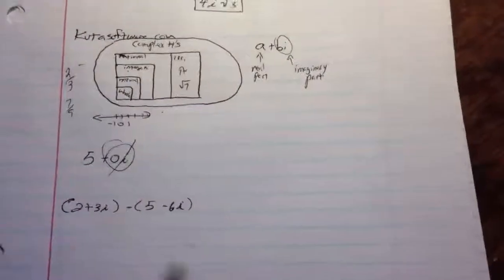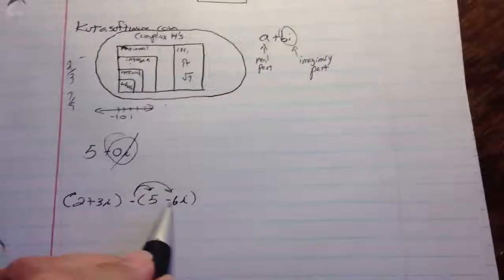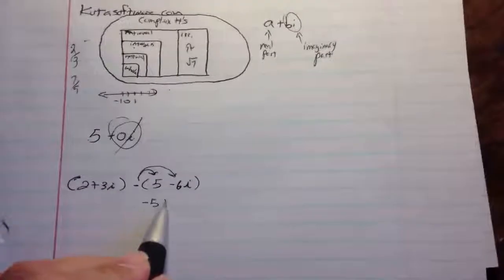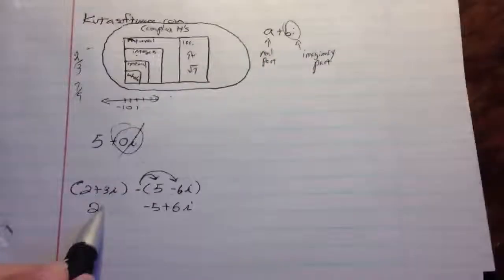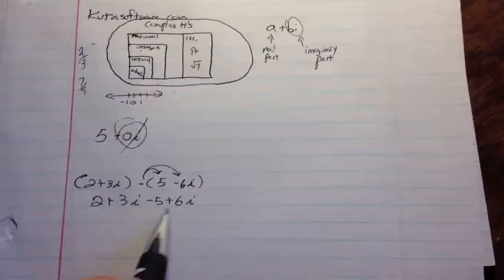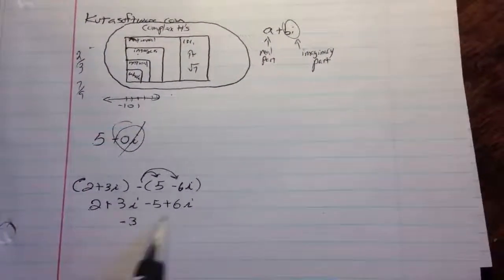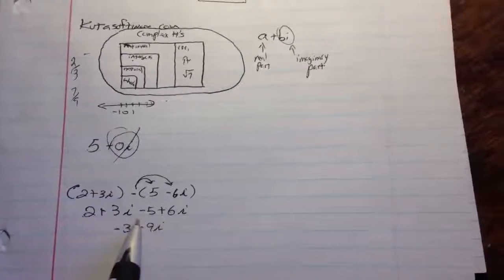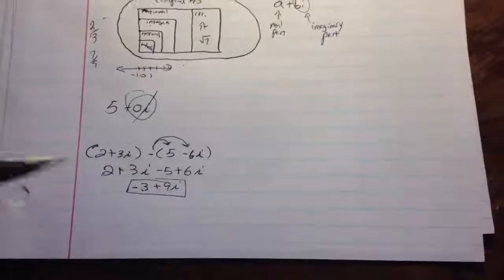There's a minus sign in between them, so remember, you have to distribute that negative, and it changes the signs in here. So you get negative 5 plus 6i. I have 2 minus 5, which is negative 3. 3i plus 6i is 9i. That's it. Right now, just simplifying complex numbers. That's all there is to that.